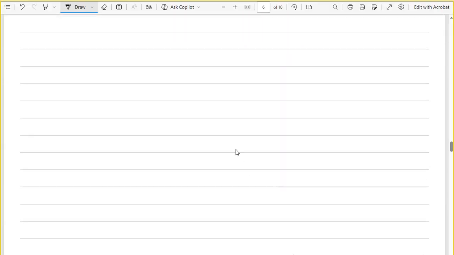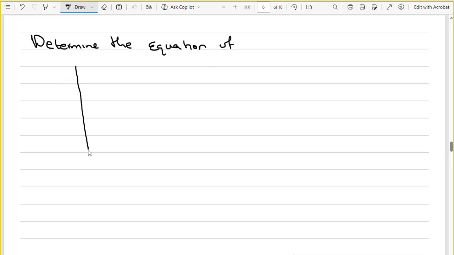Let's say that we're going to determine the equation of the graph. It will look like this, and let's say it's concave up. You have the first root as -4, the second root as 4.